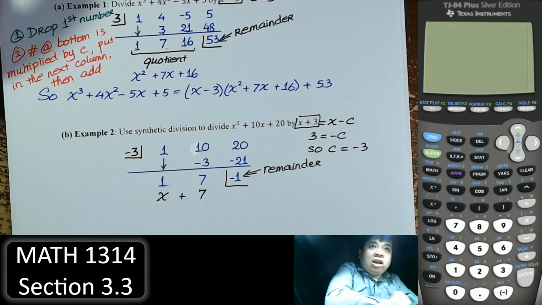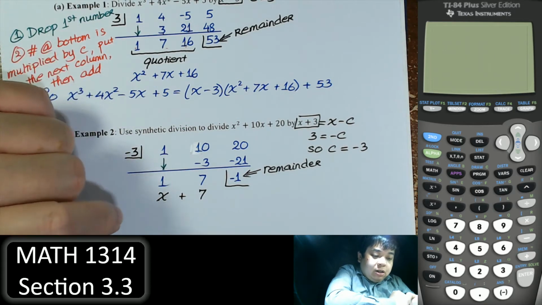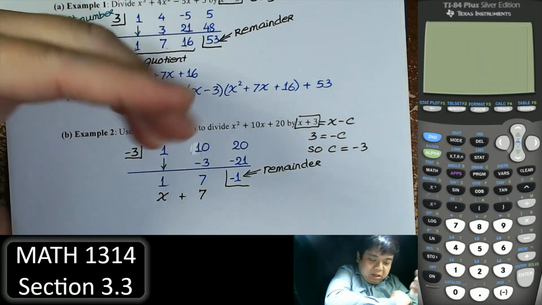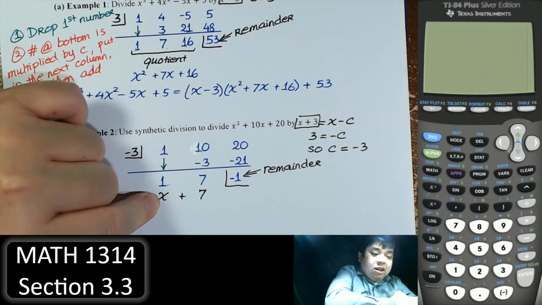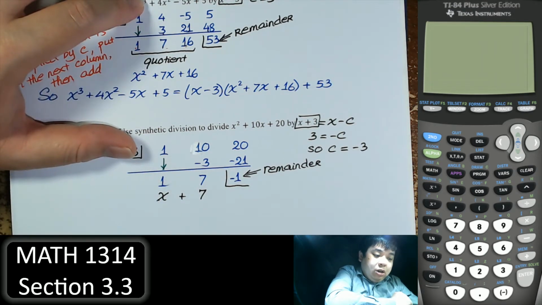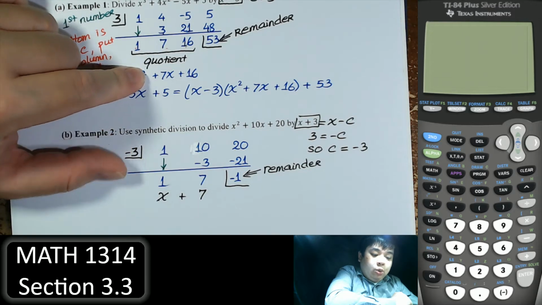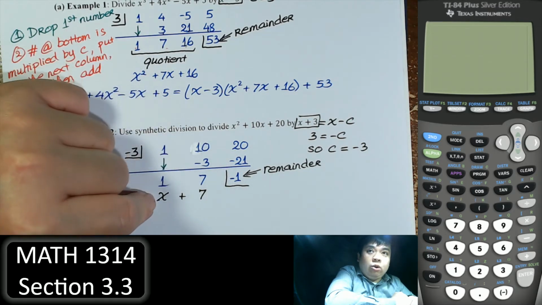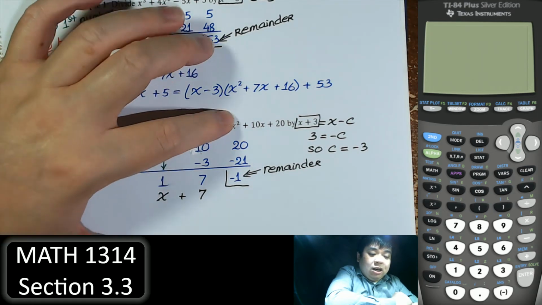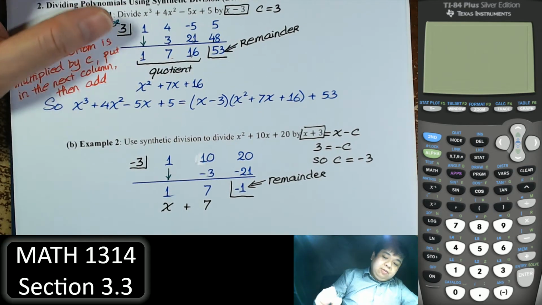Since we divide by x minus c, the quotient is always 1 degree less than the dividend. Dividend degree 3, quotient degree 2. Dividend degree 2, quotient degree 1. It's always 1 less than the dividend. Right.